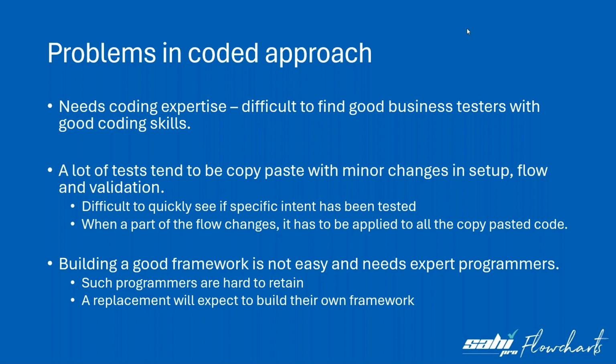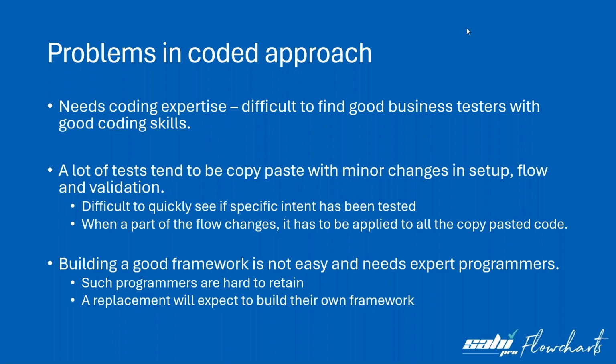We also noticed that a lot of tests, when you write these test cases, are copy paste of each other. For example, if you were to test a shopping cart application and you wanted to check with a coupon which is enabled and a coupon which is disabled, based on the coupon being enabled or disabled, you would either have the discount applied to the shopping cart or not applied.